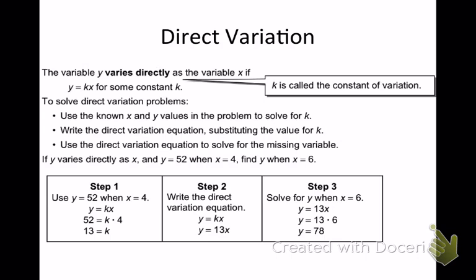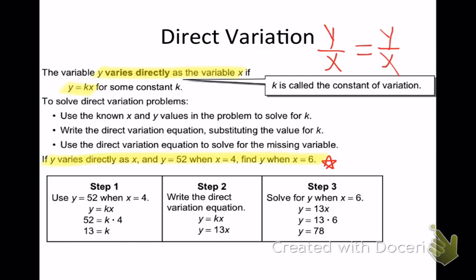So direct variation here, the variable y varies directly as the variable x if y equals kx for the same constant k. So we're going to look at problems like this today, where it says if y varies directly as x and y equals 52 when x equals 4, find y when x equals 6. Well, I can just solve that as y over x equals y over x.